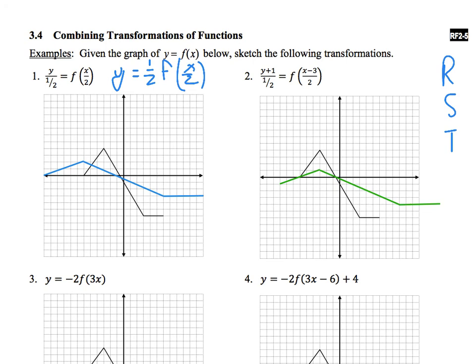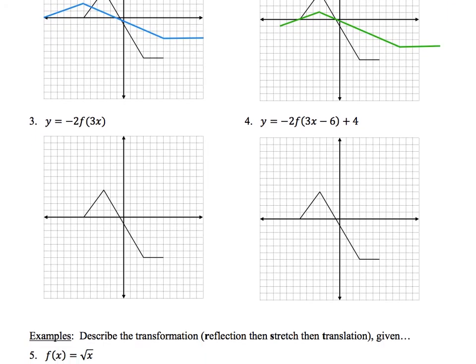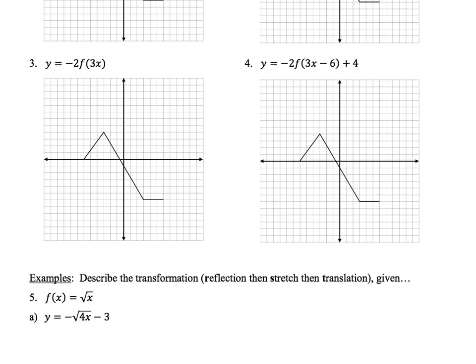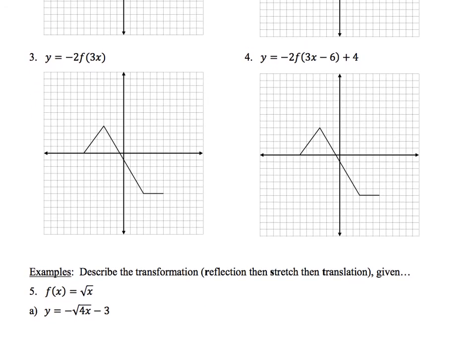Let's look at the next 2 questions. In question 3, if I start with this reflection, the negative sign that I have in front of the 2 is in front of the function, not with the x's, which means it affects the y's. And so this y value of 0 is going to stay where it is for the reflection.